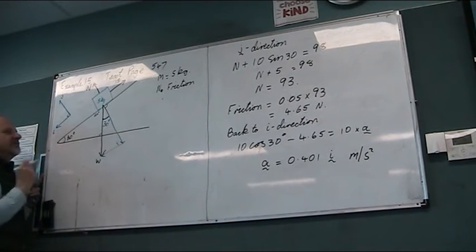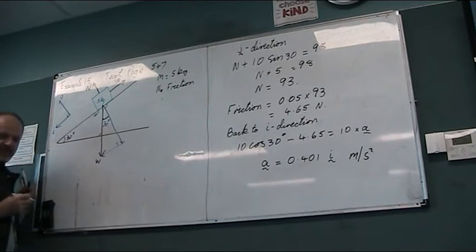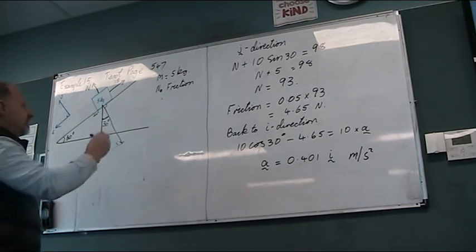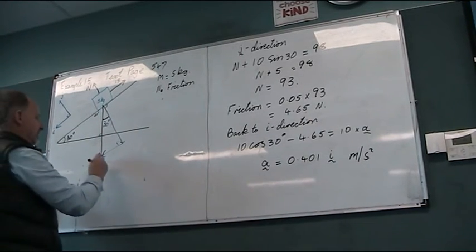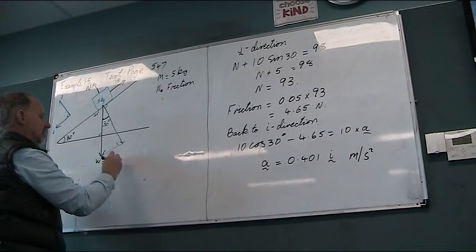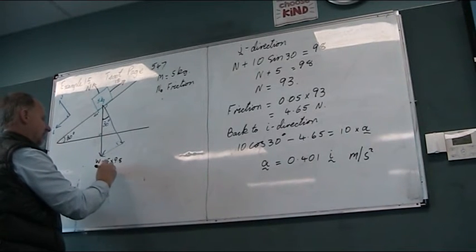Alright, from geometry, so what do we got? The weight of our thing is 5 kilos times 9.8, so that's 49 Newtons.